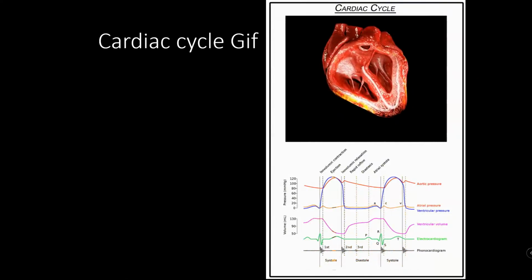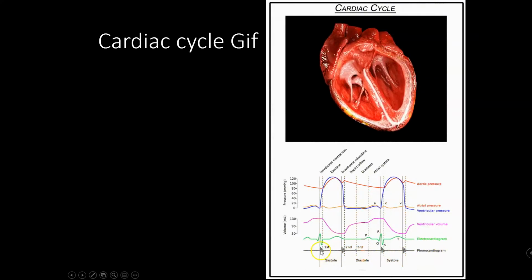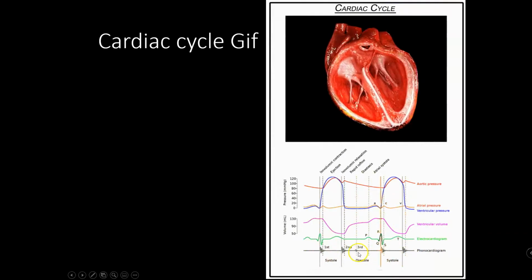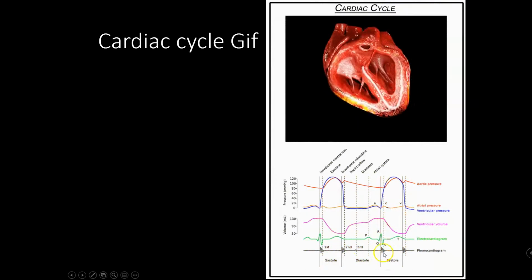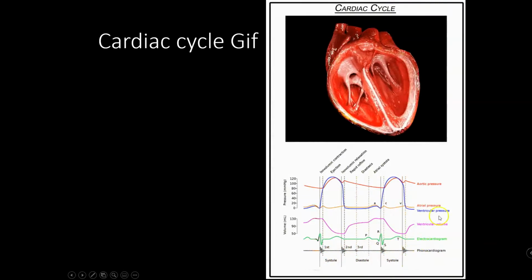So this GIF does not show you EKGs. It does show you a phonocardiogram, which is just hearing heart sounds. The first sound is lub, the second sound is dub, and the third sound should not really be there, but that's all right. So lub dub is going to correspond to the AV valves closing, and then the semilunar valves closing. You can watch the video through multiple times and you will see it working exactly like what I just said.